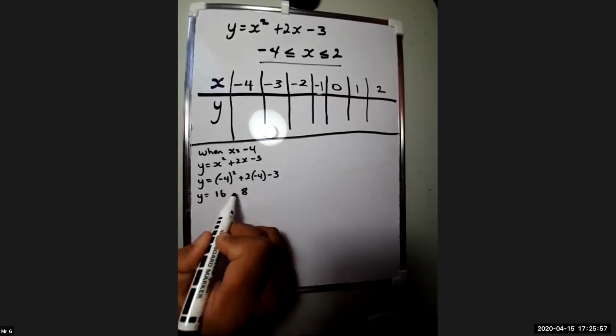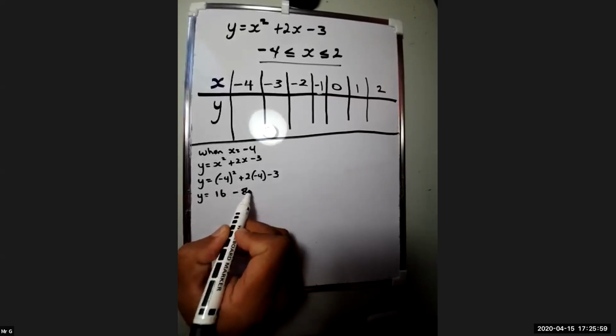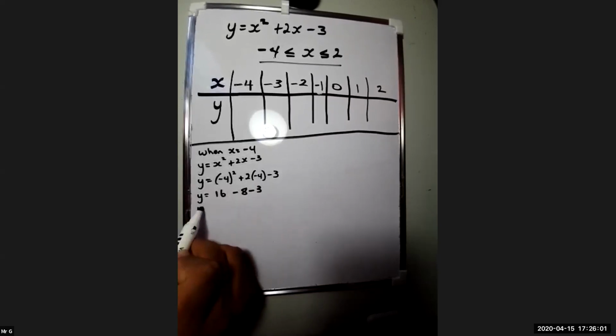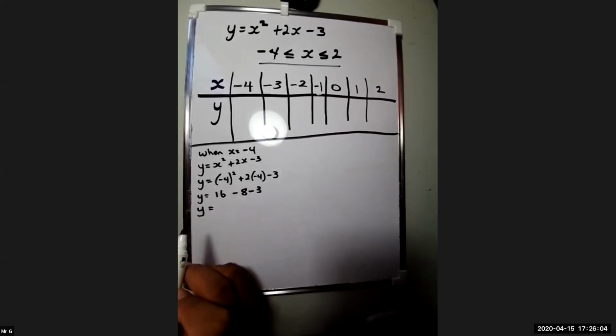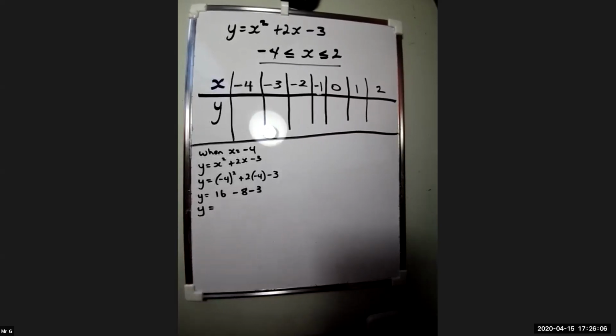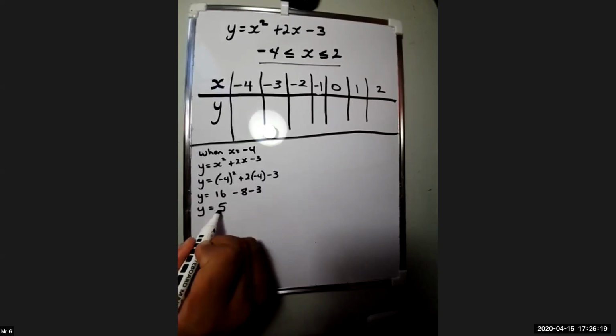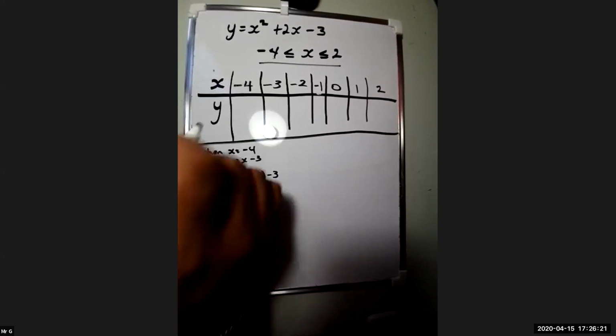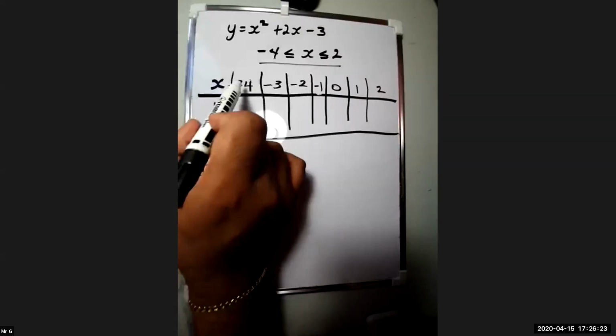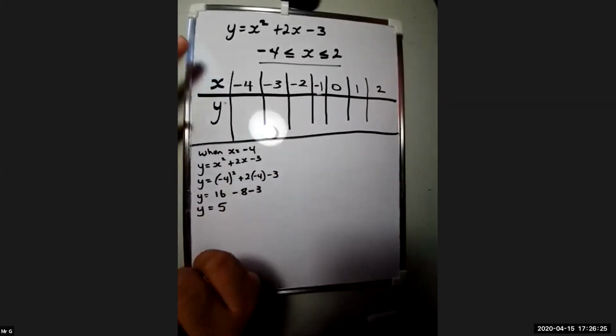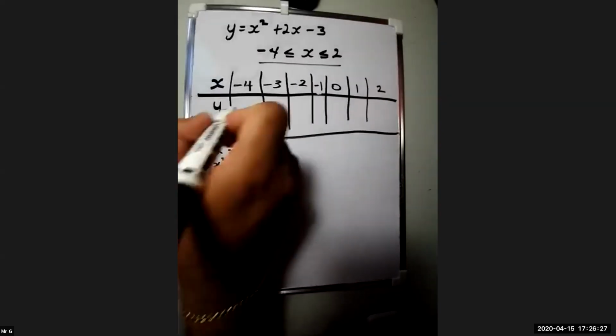A positive by a negative is a negative. And then, of course, we bring in the minus 3. So y is equal to 16, take away 8, take away 3. So y is equal to 5. Yes, correct. So when x is -4, y is 5.